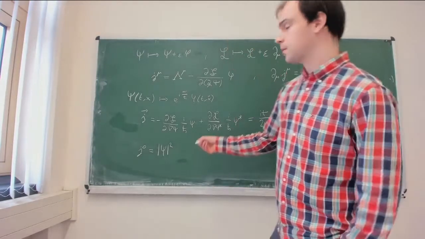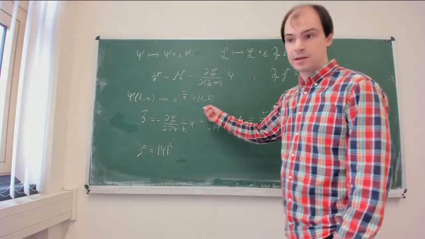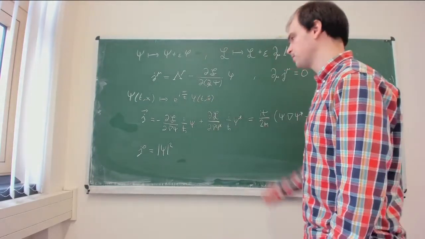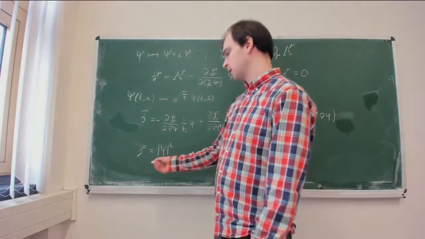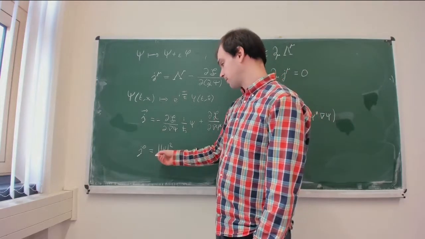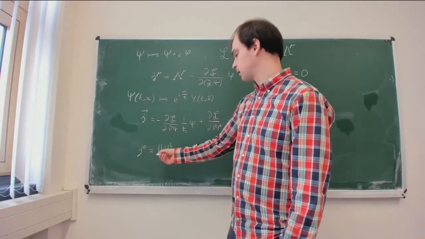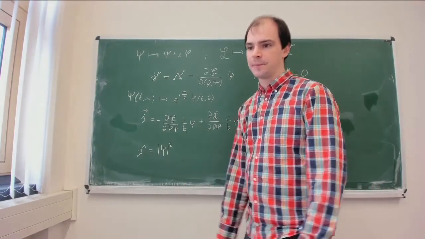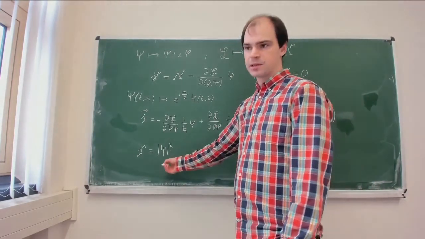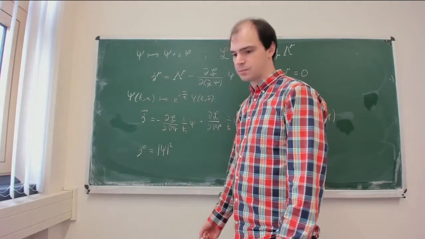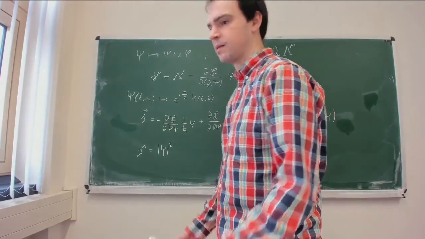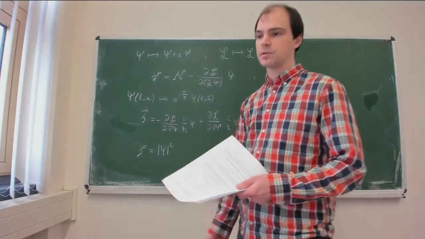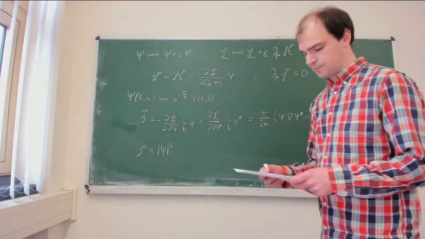So Noether's theorem tells us also that the probability density, the psi absolute value squared, is a conserved quantity. This is why the probability interpretation makes sense, because if we have a normalized wave function, then it will remain normalized.